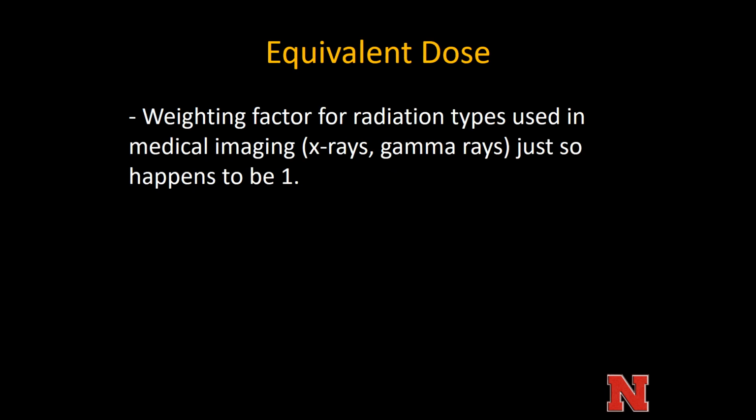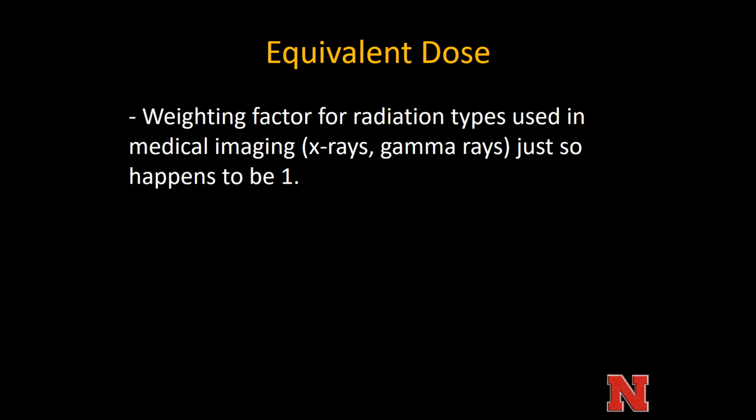What's super confusing, or at least it was for me going through, is that the equivalent dose oftentimes is the same as the radiation dose. So gray is oftentimes interchangeable with sievert. And why is that? Because the weighting factor for radiation types used commonly in medical imaging, like X-rays and gamma rays, just so happens to be 1.